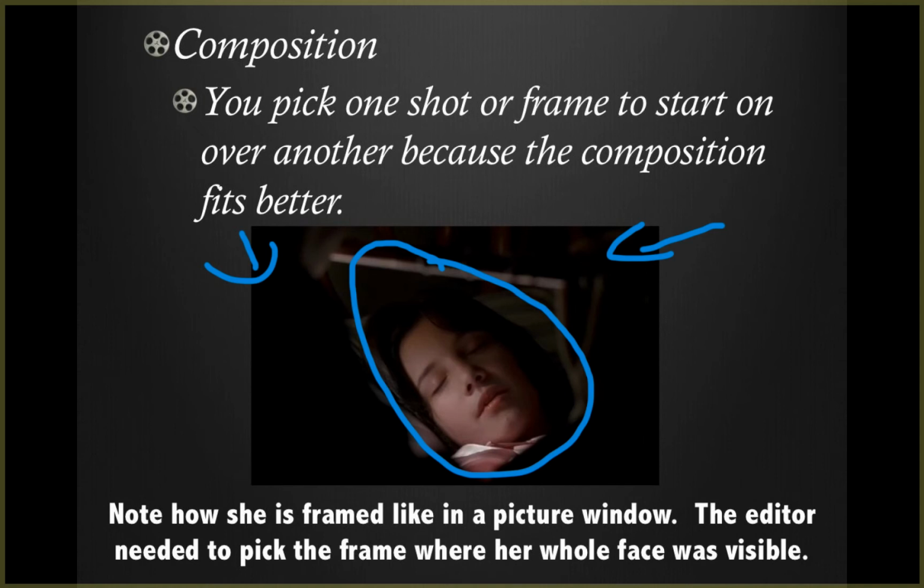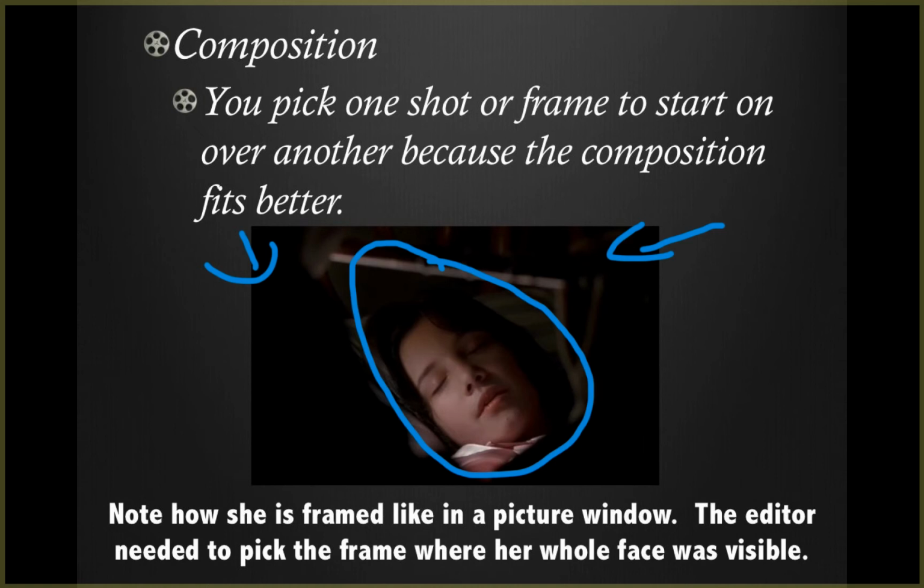So she's framed within the context of the parents. And so the editor picked this frame to cut into over other frames so that it fits better, so that it looks better, so that it shows what we want to show.